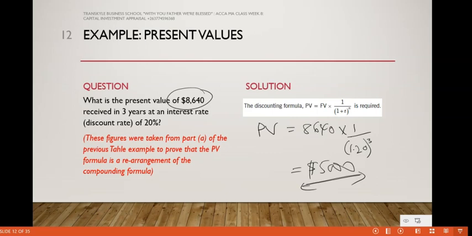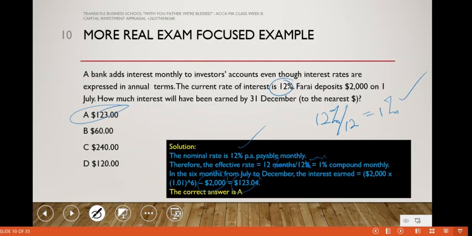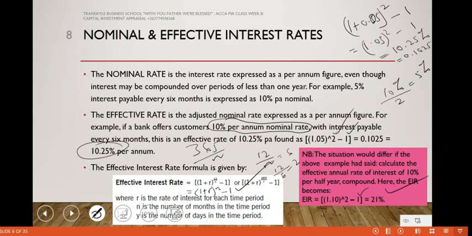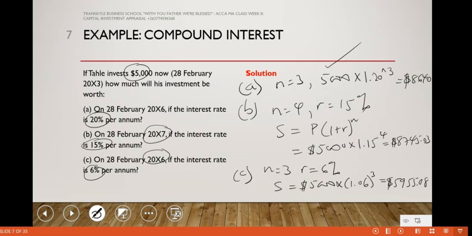As you can see, these are just the same figures which we used in our previous question. So we have arrived at the same amount which was invested.